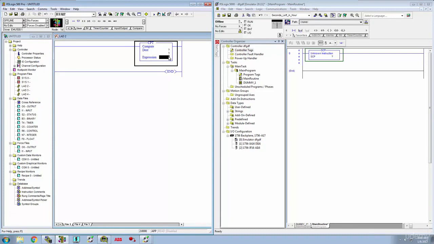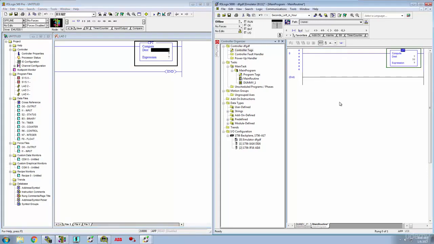So we can calculate an average, we can add a couple of things, we can bring in 3 or 4 different memory registers, we can do some serious math all in one block, and then we can store that to a destination. Well, fortunately, 5000 does still have the CPT. So we can do the same thing, and that's actually going to be our solution for the missing SCP.